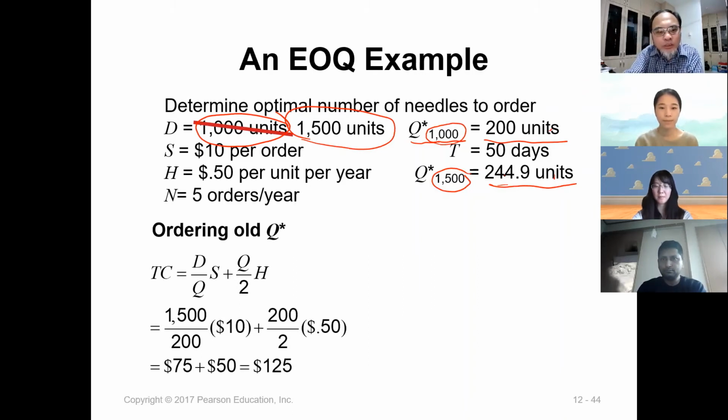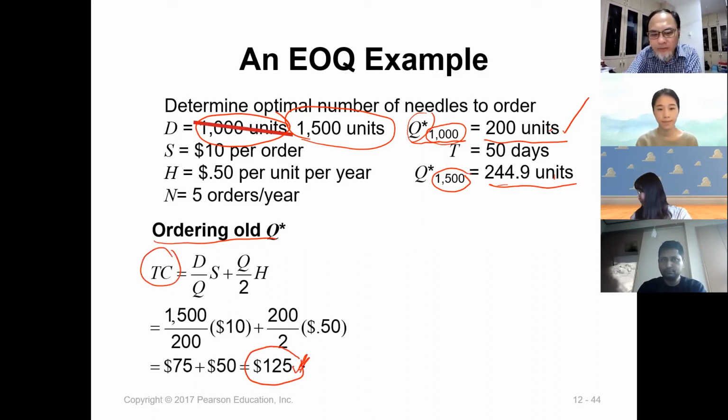Anyway, ordering the old Q star, which is 200, gives you a total cost of $125. That means with the new demand, I still don't want to change to 244. I want to use 200.